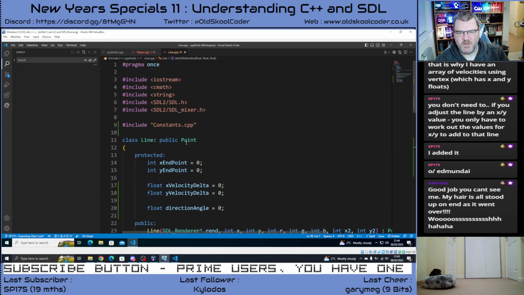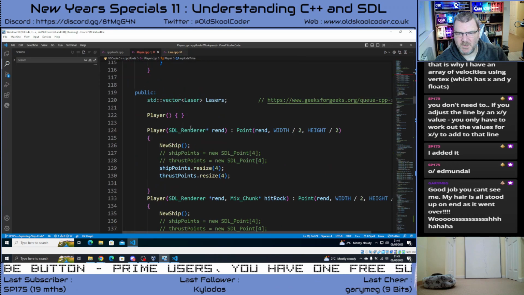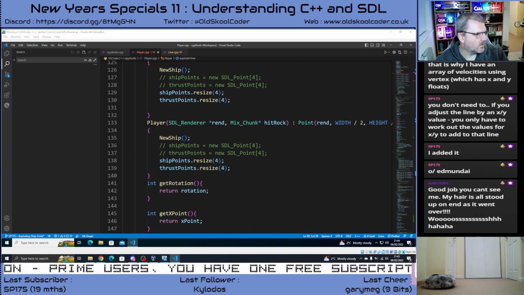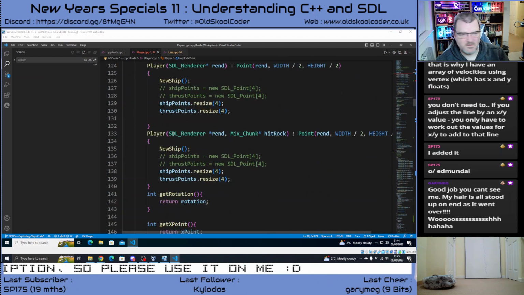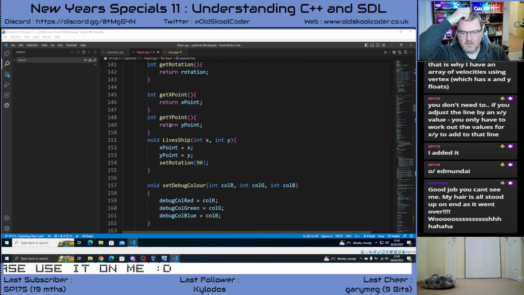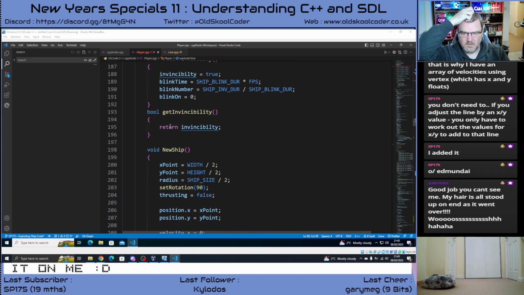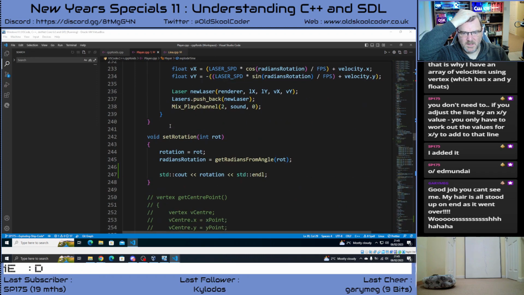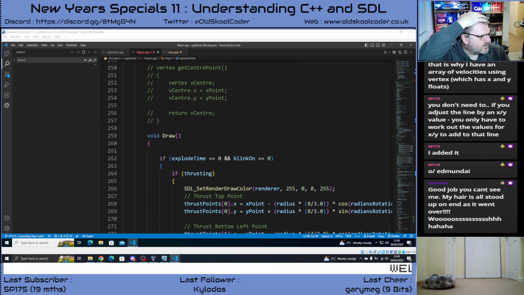Right, let's put the code in that's going to wreck the ship, yeah? So let's see what SP did. So he's got a method called ship, shoot laser, set rotation. Where's it at? Oh, player.